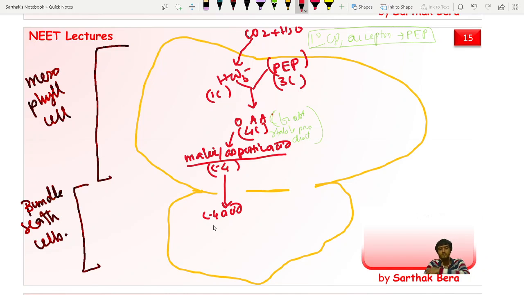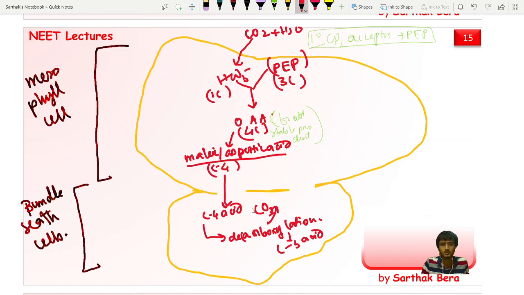and here decarboxylation occurs. Okay, so on decarboxylation, one CO2 gets popped out, and a C3 acid is formed, because one CO2 means 1 carbon and C3 acid means 3 carbon, and this is C4 acid.